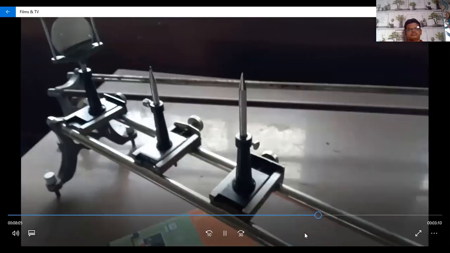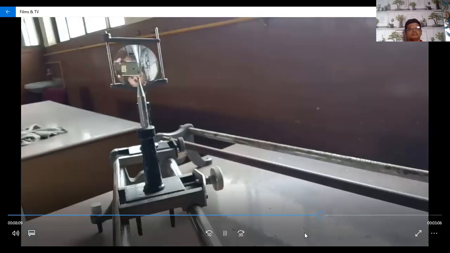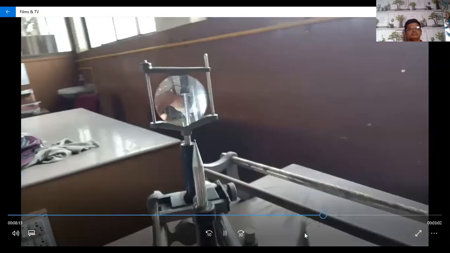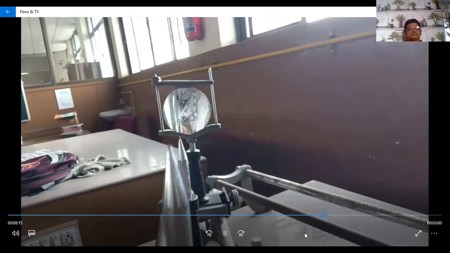Now the second part. First you put this pin and at that time you find one image, and after that you put a second pin. Now we set here.